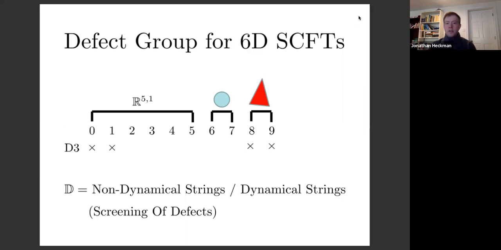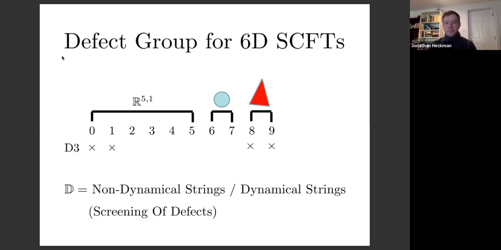So we refer to the defect group in physical terms as the charge of these non-dynamical strings modulo the charge of the dynamical strings. In some cases you can screen pieces of the charge of the defect, but in other cases we will not be able to. And what we'd like to do is be able to compute this thing.